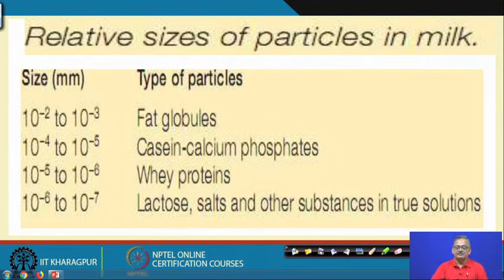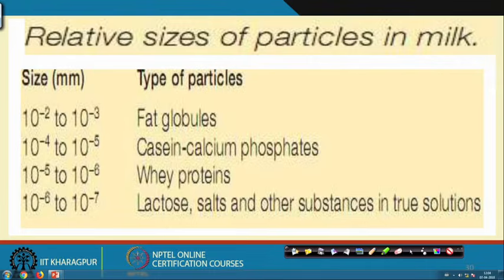So, relative size of the particles in milk are, in millimeter, between 10 to the power 2 to 10 to the power minus 3, that is fat globules, right. Between 10 to the power minus 4 to 10 to the power minus 5, it is casein calcium phosphate combination, in millimeter size.